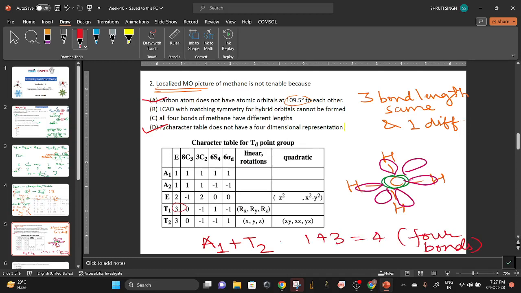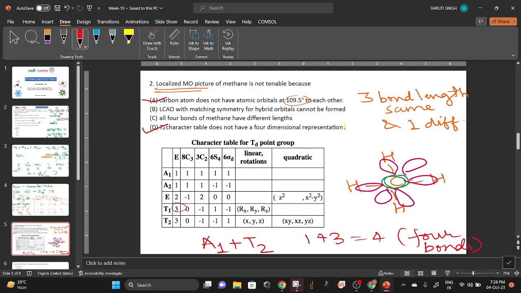But this linear combination does not mean that 3 bonds are of one type and 1 bond is different. That is what the delocalized MO picture describes, but the localized MO picture would have said that one is the same and the other 3 are different. So we cannot take this.